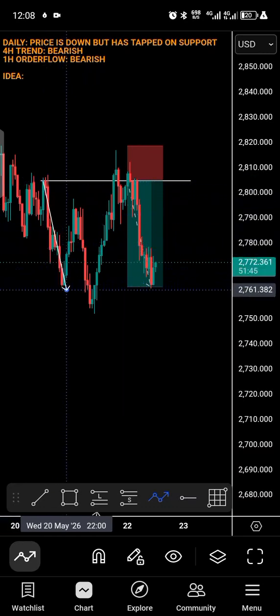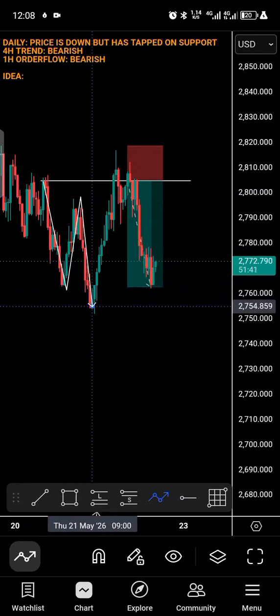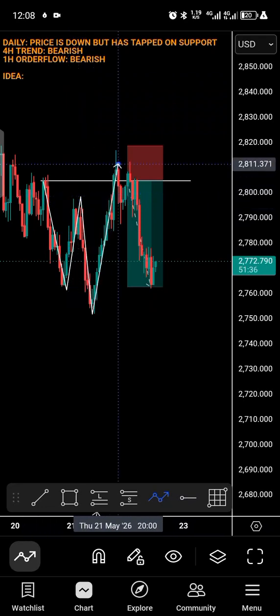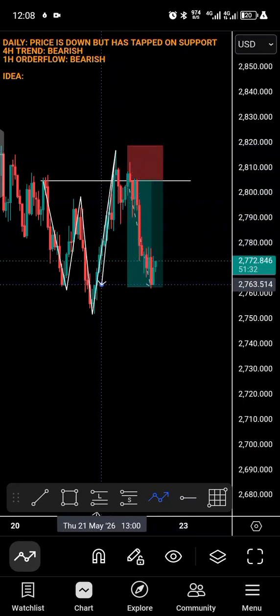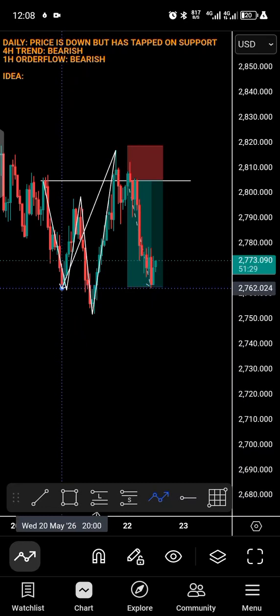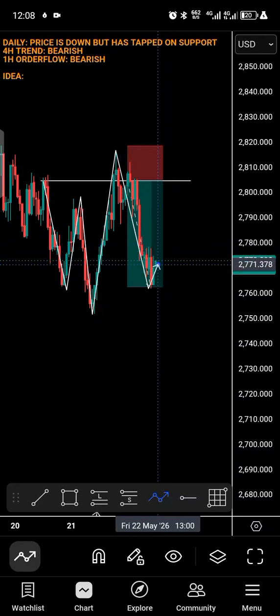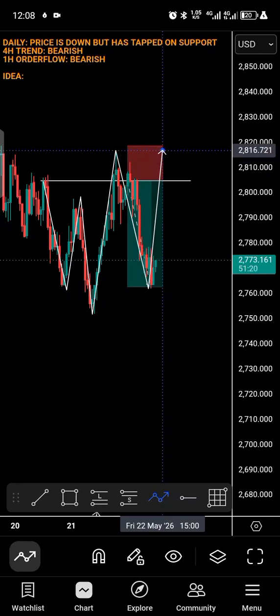Price came all the way down, and then there was a sweep of this low, and this one happened after the break of structure. So there was a break of structure here, and then price came back and tapped exactly on this low that was swept. And then what is price doing? Price is trying to buy from here, and of course this should be our target here.